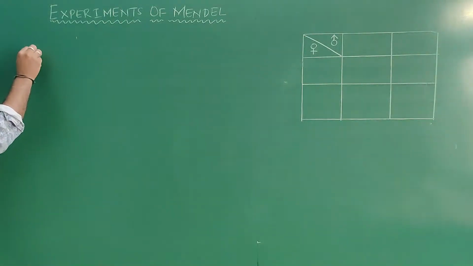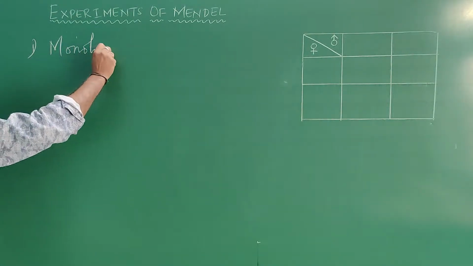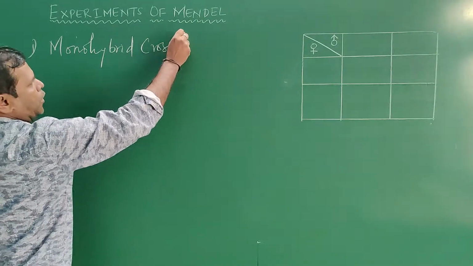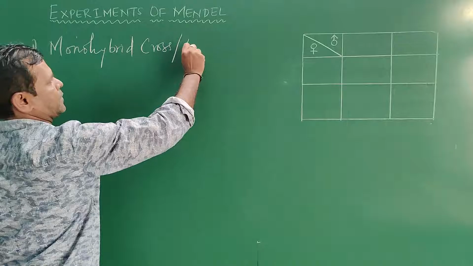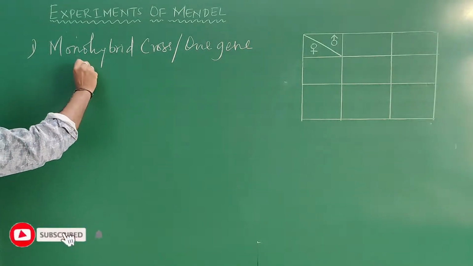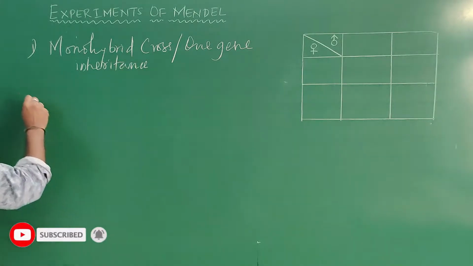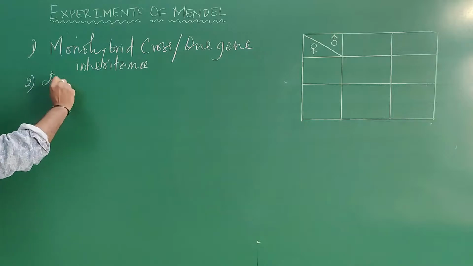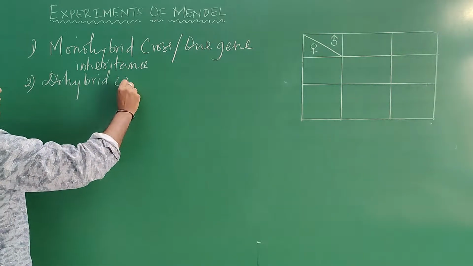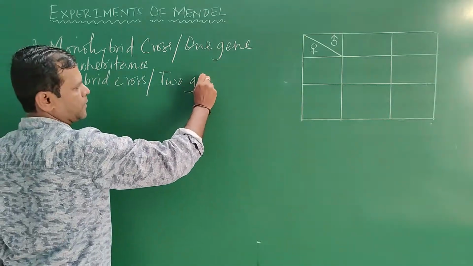So Mendel conducted two types of experiments. One is monohybrid cross or one gene inheritance, and second is dihybrid cross or two gene inheritance.